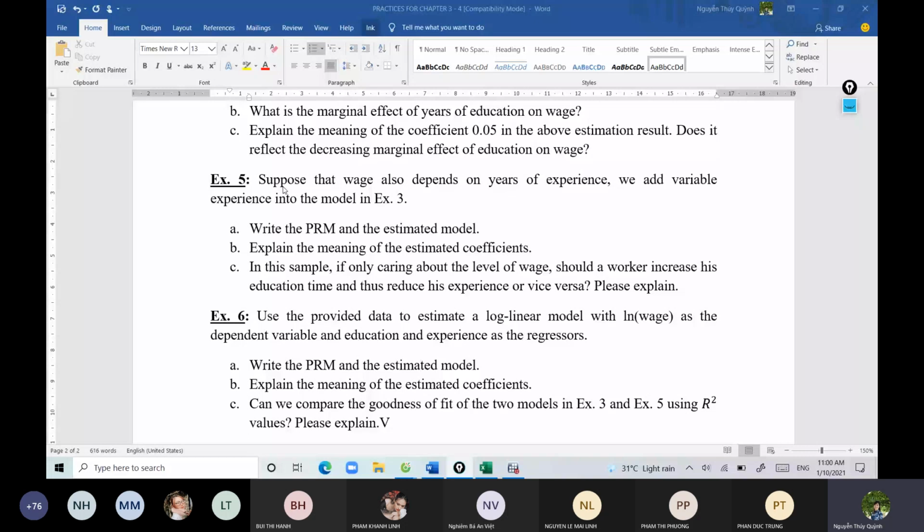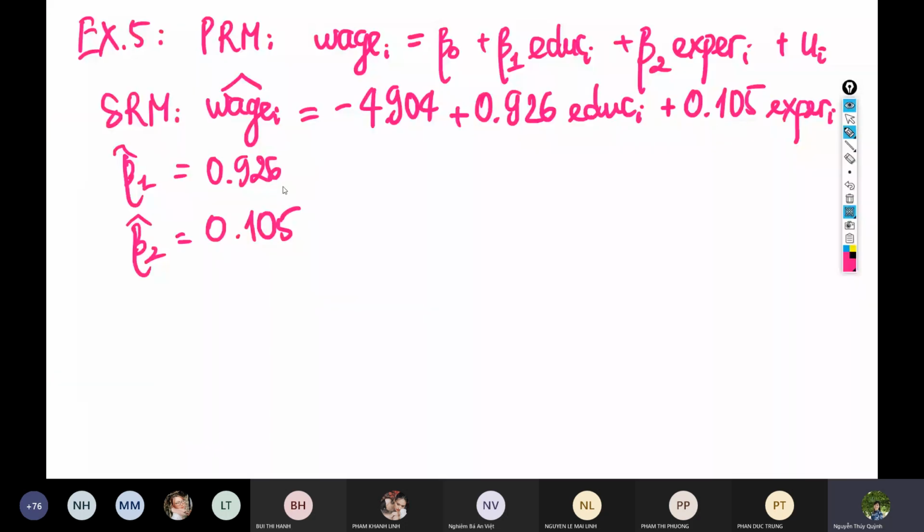For exercise 6, use the provided data to estimate a log-linear model with log wage as the dependent variable and education and experience as the regressors. Easy one. So write the population regression model and the estimated model.